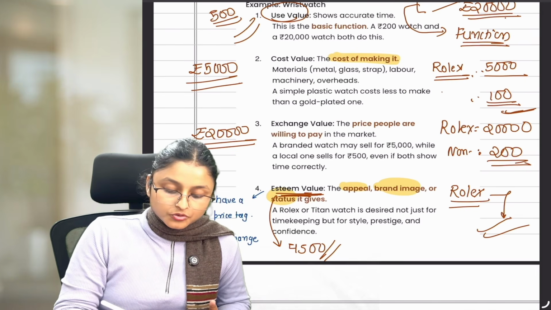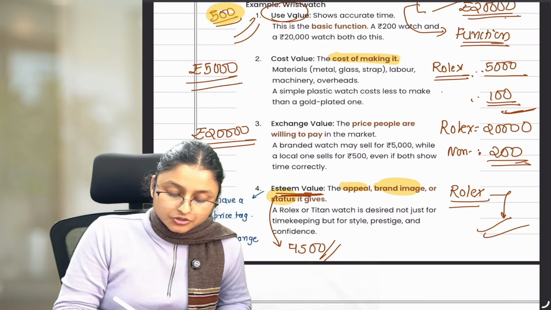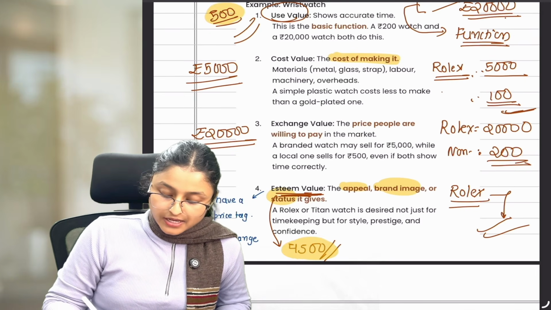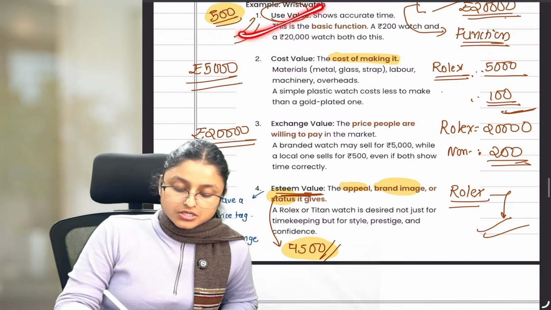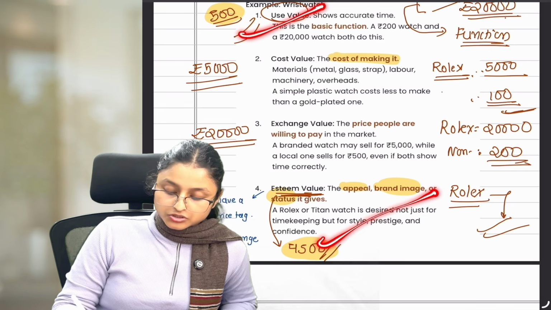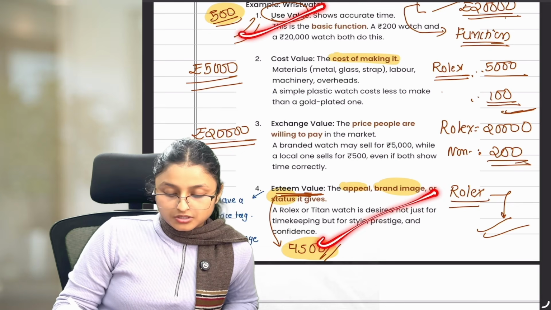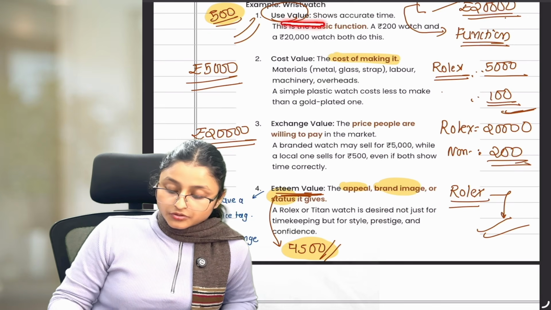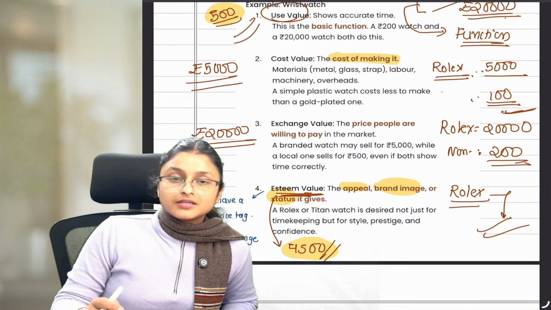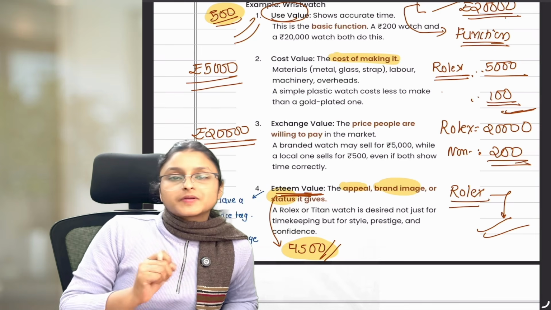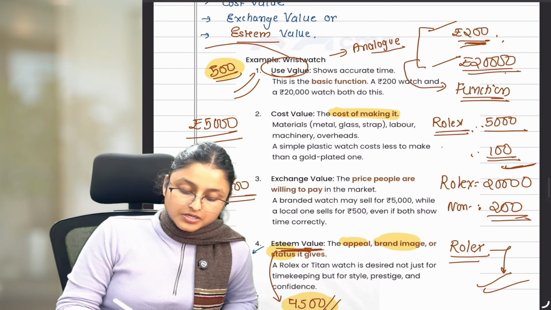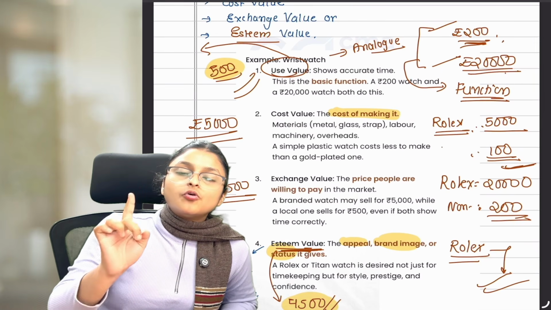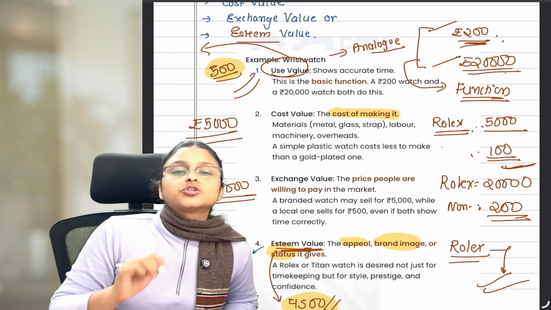Done. So if you notice, here I have seen use value and esteem value from the manufacturer's point of view, that is, how much cost he is incurring for use value and how much cost he is incurring for esteem value. But use value and esteem value can be seen from the customer's perspective also. That is, how much the customer is willing to pay only for the basic function of the watch.